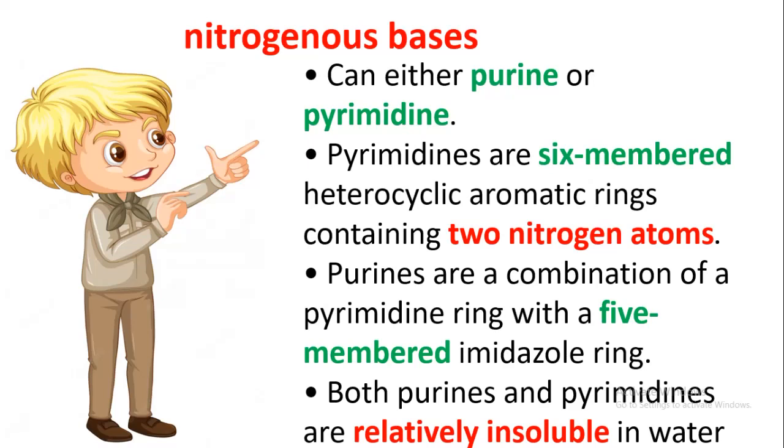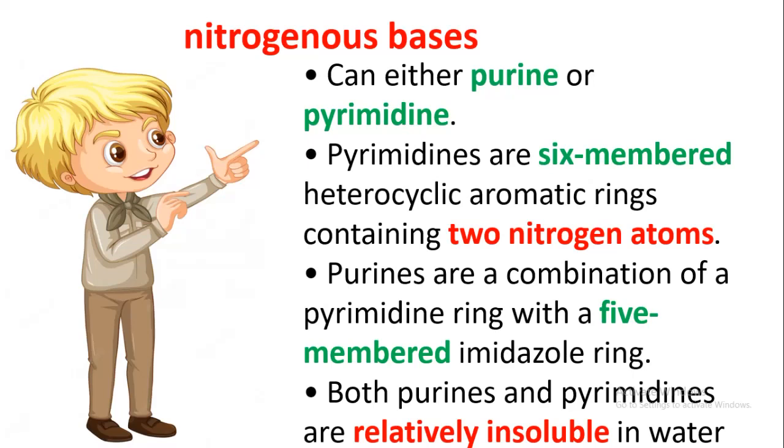When the pH is neutral, the nitrogenous bases are partially insoluble in water. In short, they are hydrophobic. Now, when the pH is increased or decreased, they tend to be soluble.